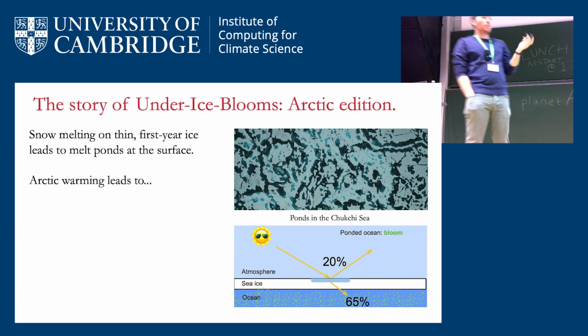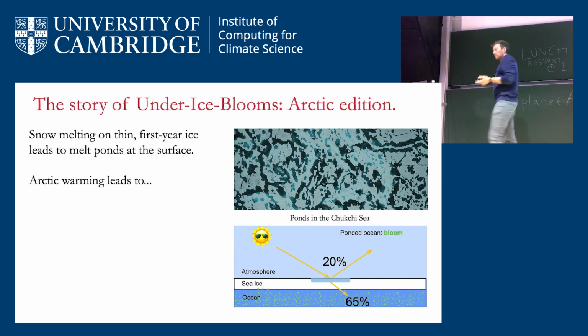So sea ice has a snow layer on top of it. That snow melts in the summer, and that collects in these topographic low regions, and that reduces the reflectivity of the surface to sunlight. So whereas you might have 90% of the sunlight reflected to space or absorbed in the ice, when there's no pond, you might only get 35% of it that's not transmitted to the upper ocean.